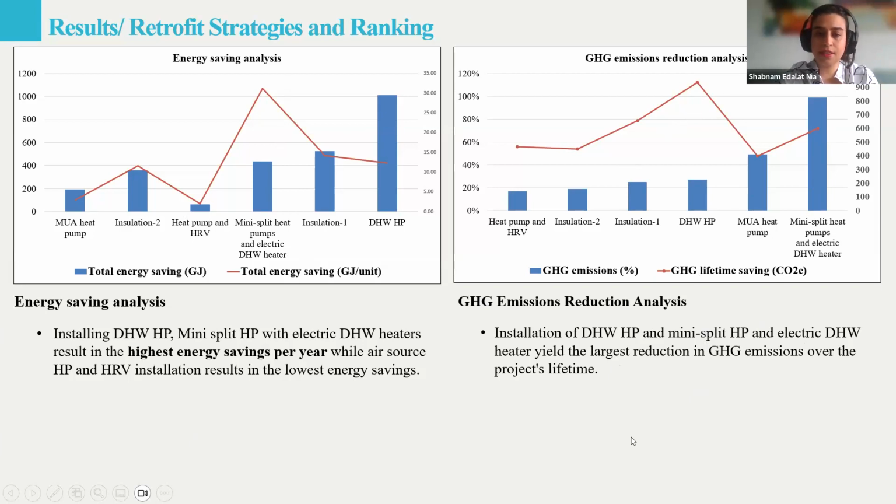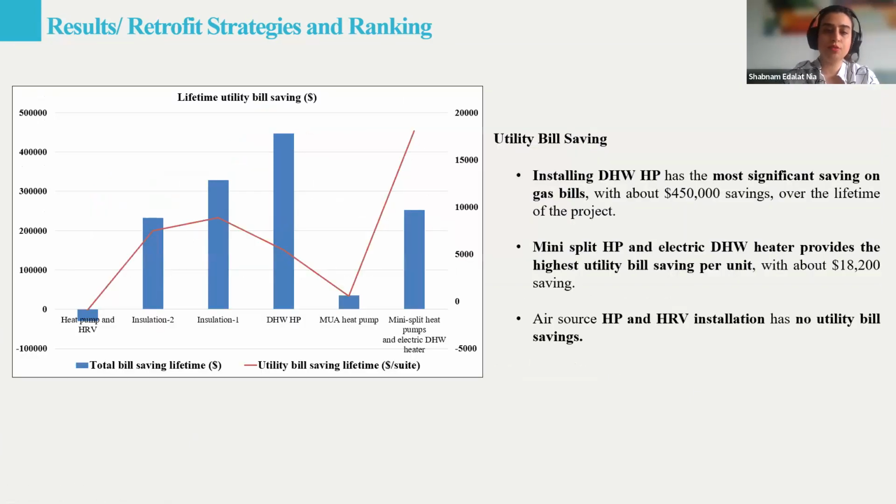The last indicator that I investigated was the utility bill saving. The result shows installation of the mini split heat pumps, including the electric domestic hot water, can save significant utility bills for people and the housing providers.